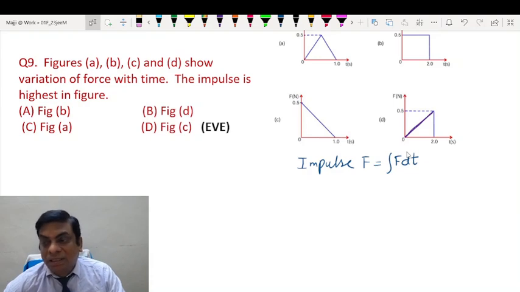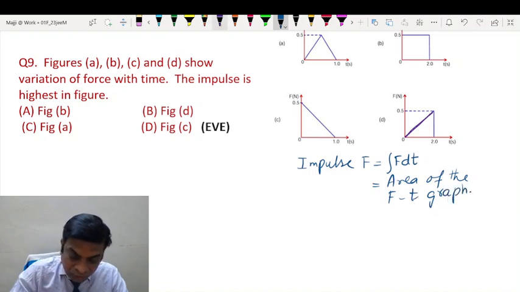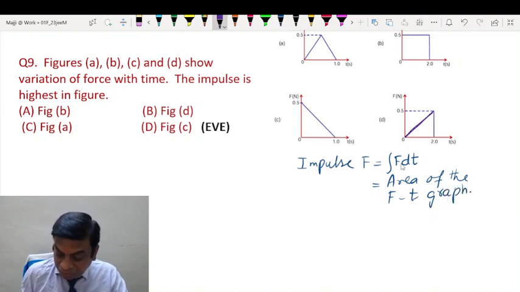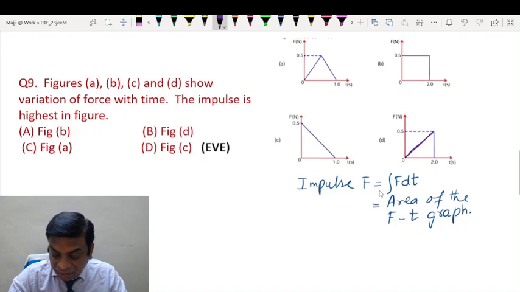So basically it is measured as the product of force into time interval, and this will be the area below the force time graph. So here you have to find the areas individually and check whichever has the highest area, that will give us the answer.